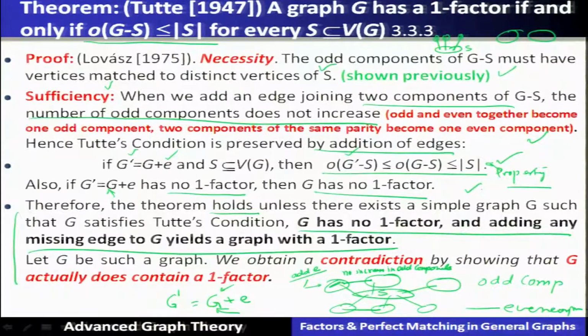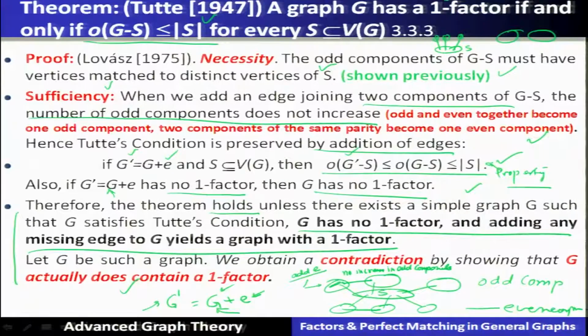But we differ from here, and this will be our contradiction. We will assume that G prime has the one factor, and contradicting this statement will prove the sufficiency condition, and hence a graph satisfying this property will have a one factor. That is what we are going to prove.